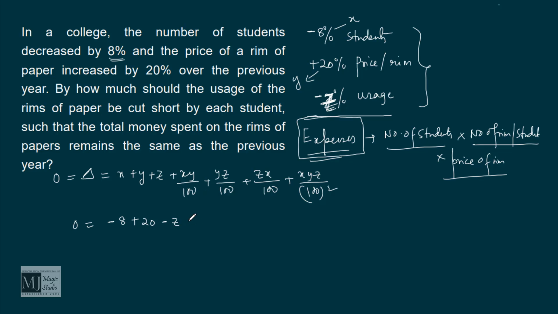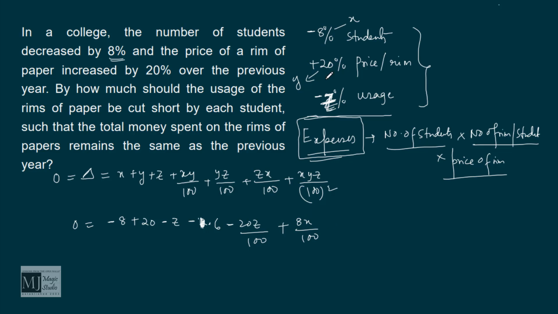Okay, so 0 equals minus 8 plus 20 minus z. xy would be minus 20 into 8 is 160. That would be minus 1.6. Okay, yz would be minus 20z by 100. zx would be minus minus plus 8z by 100.